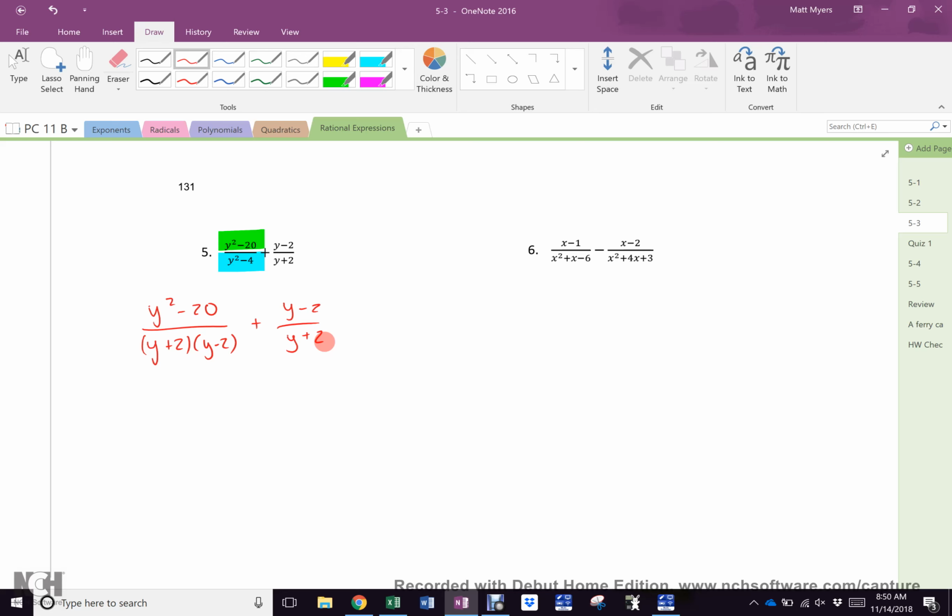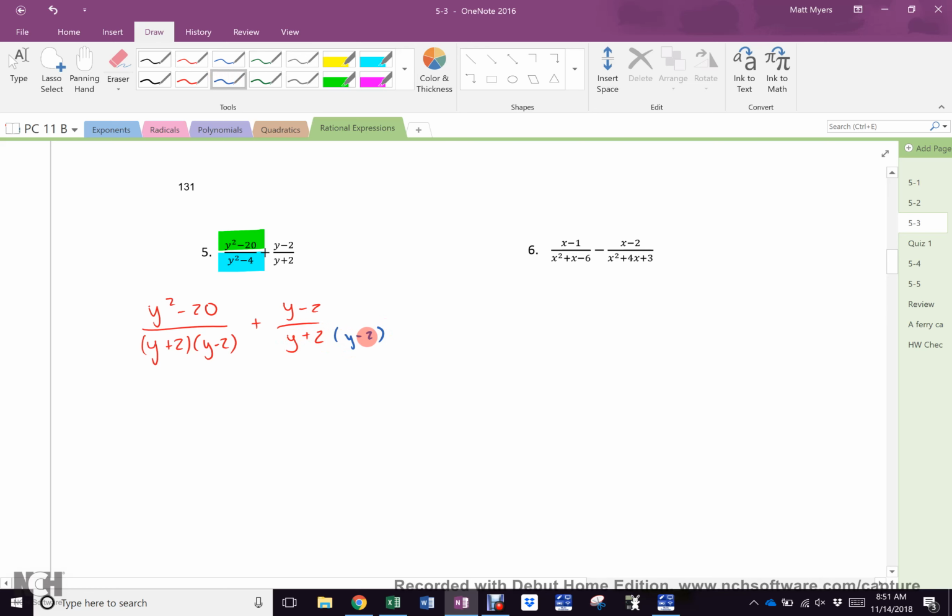Now you want to multiply those denominators together, right? Do you need to? You've already got a y plus 2 there, right? Well, over here I've already got y plus 2, don't I? So what's the only thing missing from over here? Y minus 2? I need to multiply a y minus 2 over here, don't I?